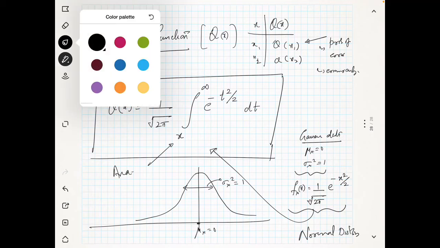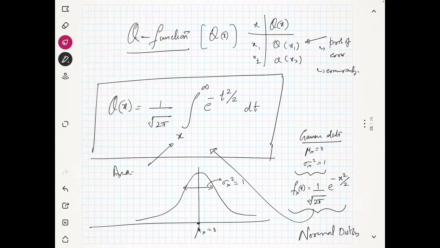If you consider a point x here, then you are integrating from x to infinity, that means you are finding the area under the curve from x to infinity. This area is nothing but Q of x. Let's say this is x1, then it is nothing but Q of x1.